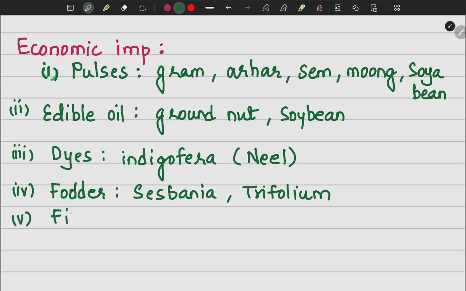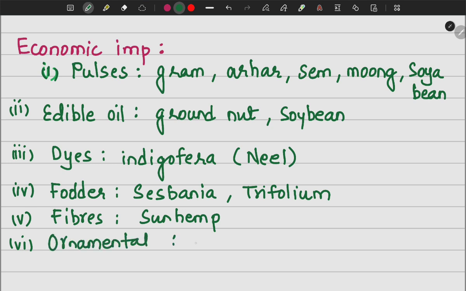Some are used for their fibers. For example, sun hemp. Some of them are used for ornamental purpose. Examples are lupin and sweet pea.